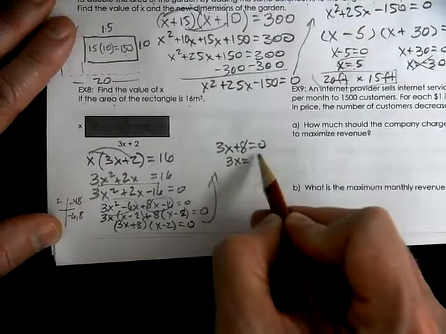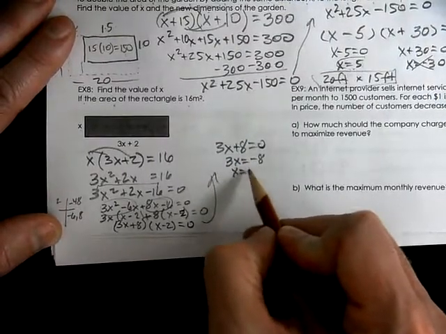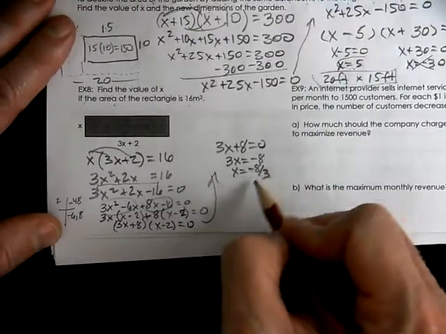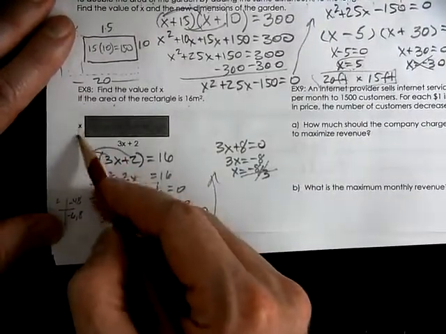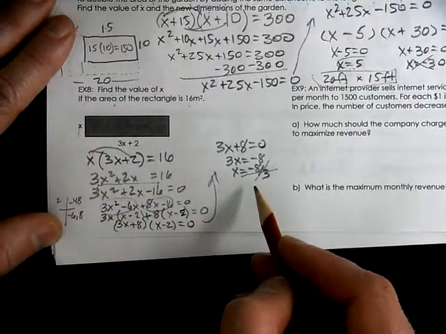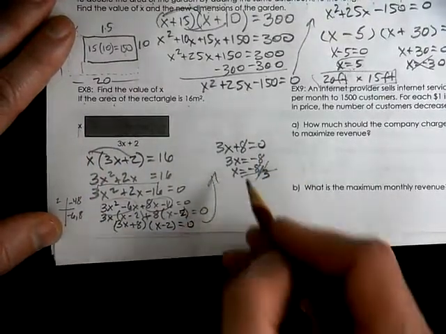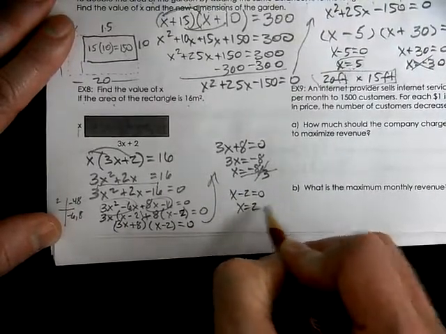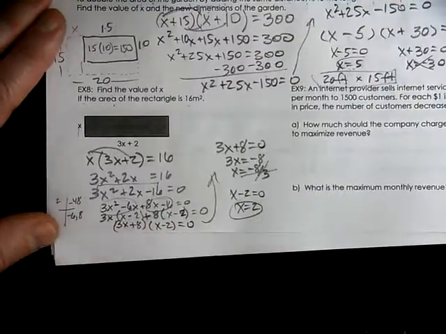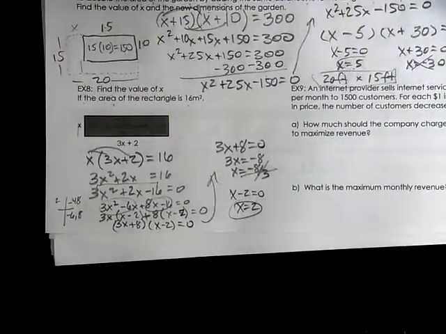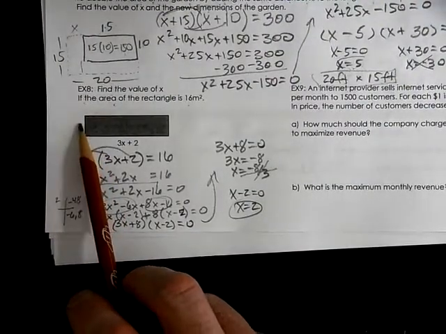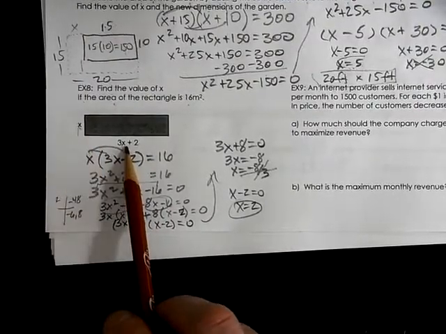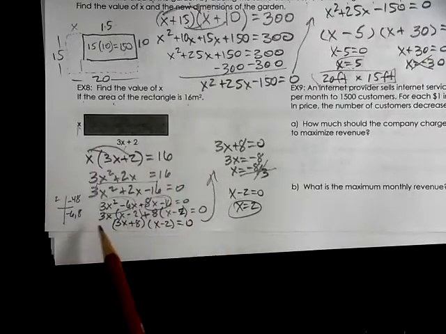So what we see with this, when we subtract the 8 and divide by the 3, we're getting a negative dimension. We can't have a negative dimension in geometry. X can't be a negative number, so we don't consider that a solution. So 2 is the value of x that could make this work. If this was a 2 and this was 6 plus 2, this would be a 2 and an 8, which multiplies to be 16.